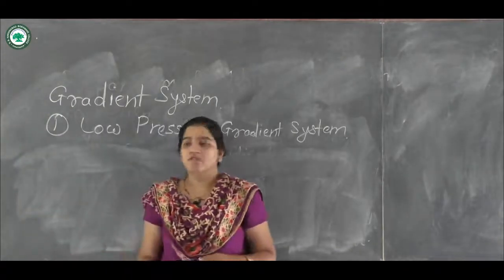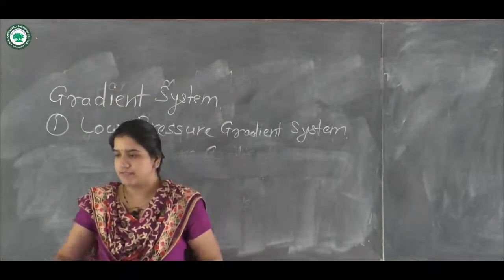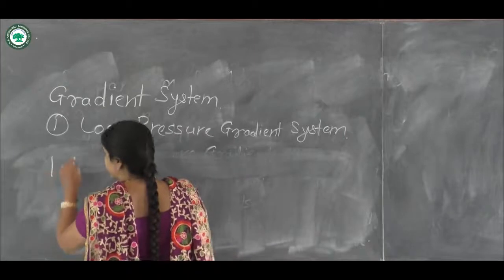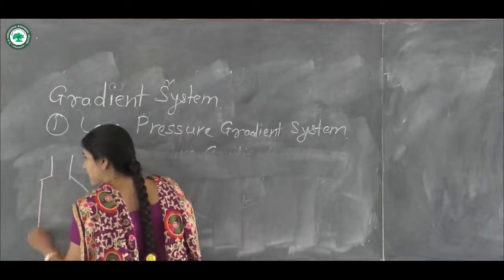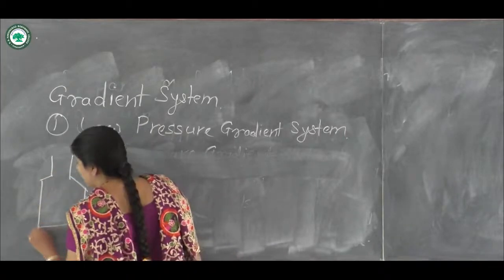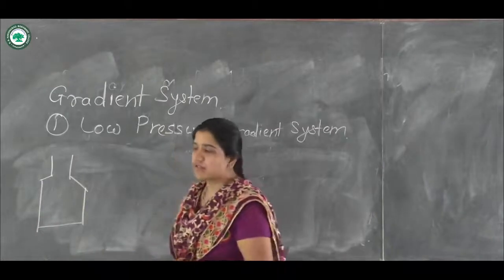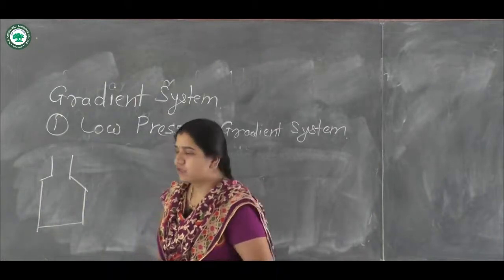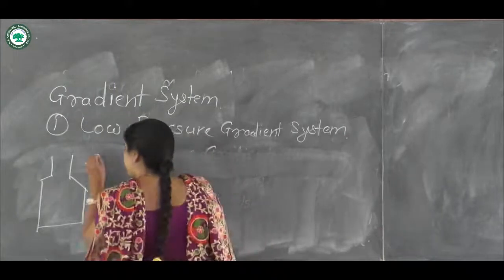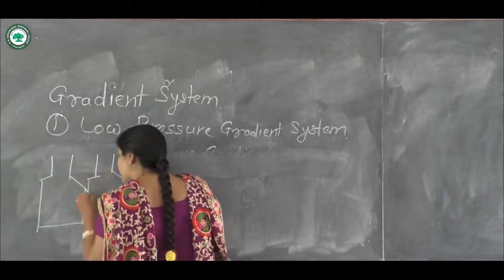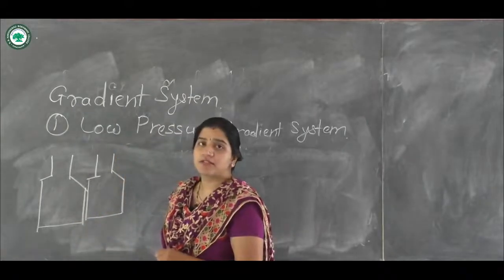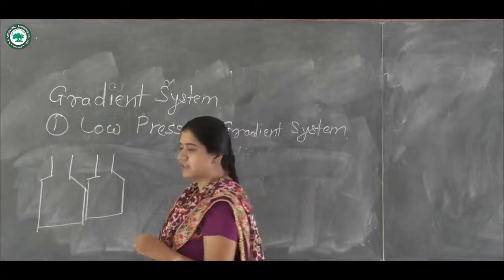In the low pressure gradient system, there are two solvent reservoirs. These two solvent reservoirs are connected to the valve and finally to the mixer. Mixer means the mixing chamber where proper mixing between the sample and the solvent takes place.